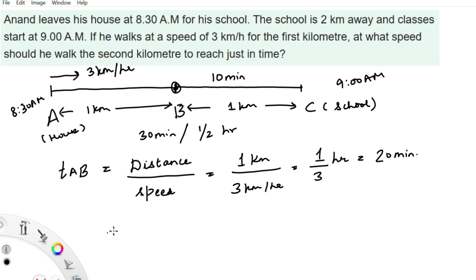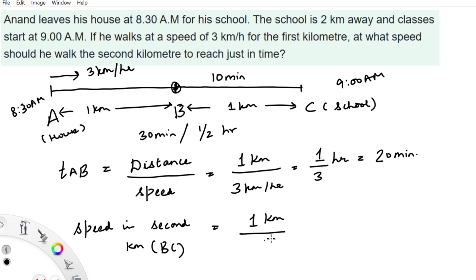Now, if we find out his speed in the second kilometer, which is equal to distance upon time, and the distance is given as 1 kilometer for the interval BC, and the time over here is 10 minutes.